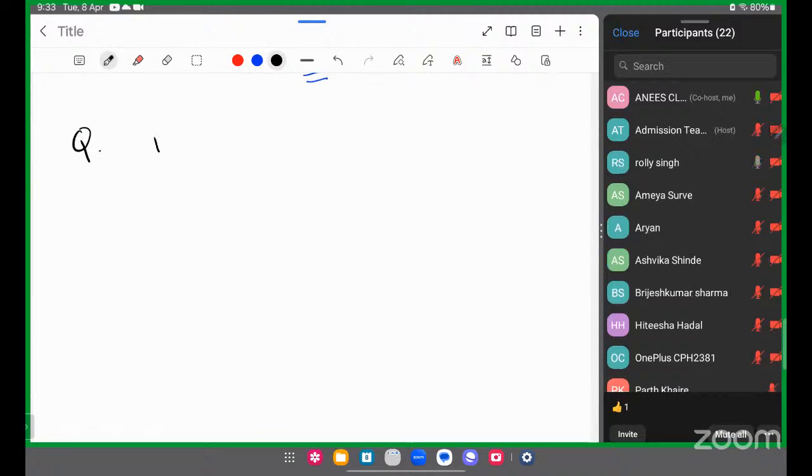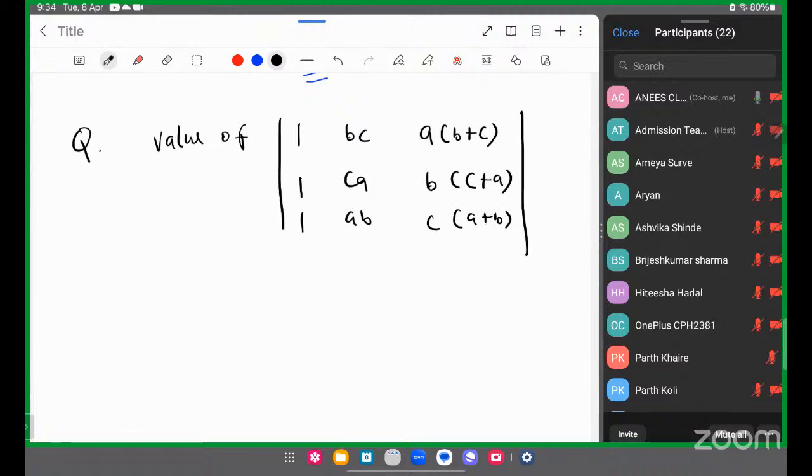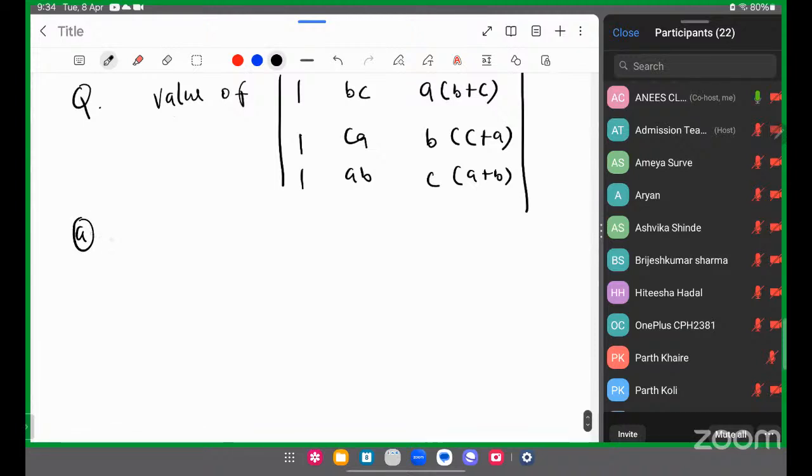Okay, now the next question is, what is the value of the determinant with rows 1, 1, 1; A, B, C; and A times B plus C, B times C plus A, and C times A plus B. Options are 1, 0, 3, minus 1.